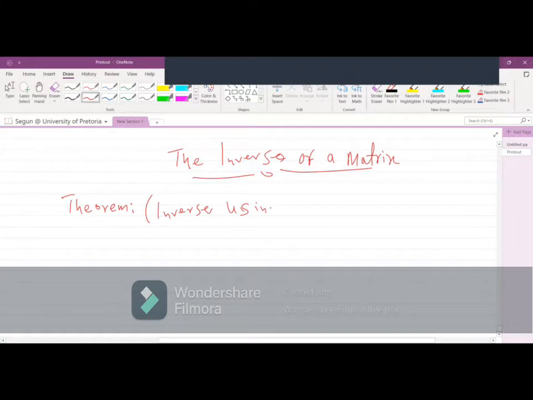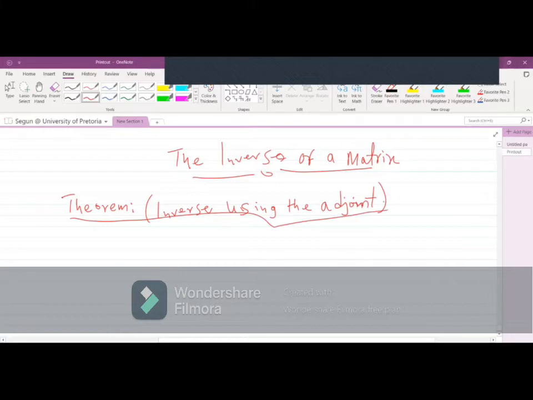Inverse using the adjoint. So the theorem says, let A be an n by n matrix.